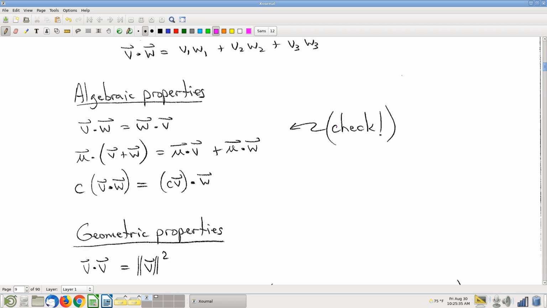Here's one. Now this starts to get a little bit impressive. Dot product of a vector with itself, and you get length squared. The reason I suggest you should be slightly impressed here is that length is a geometric concept, right?